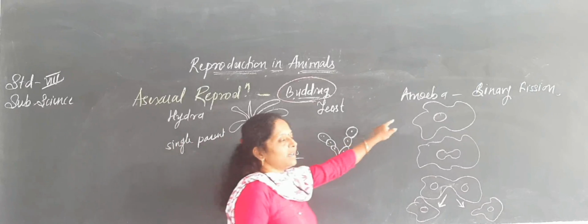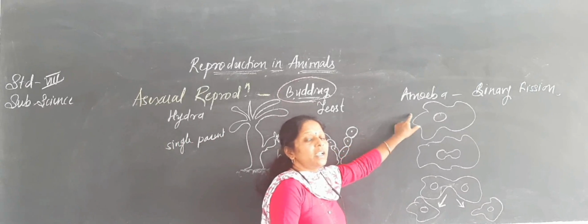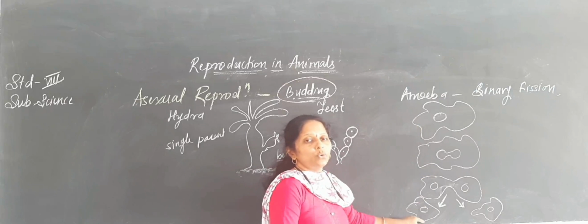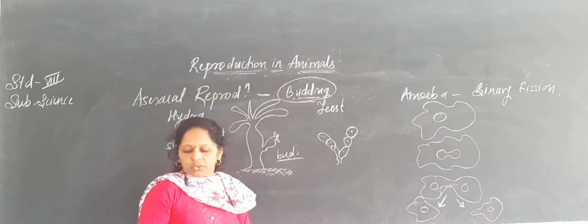In this method of asexual reproduction, a single amoeba divides into two individuals.